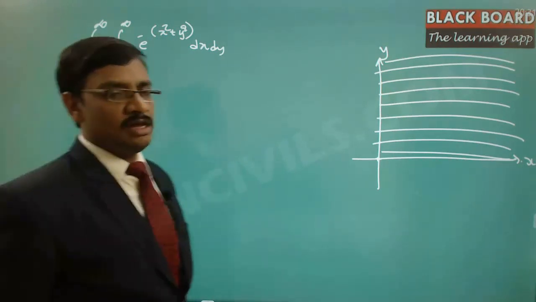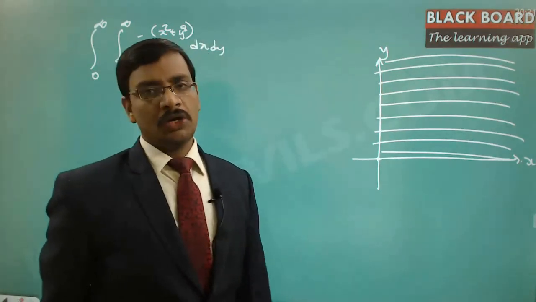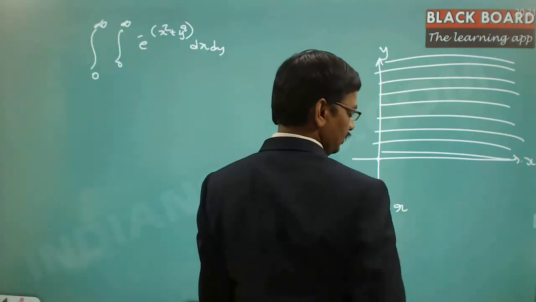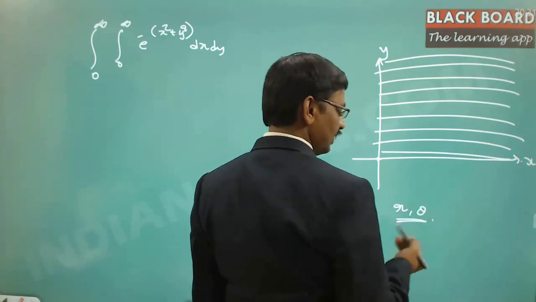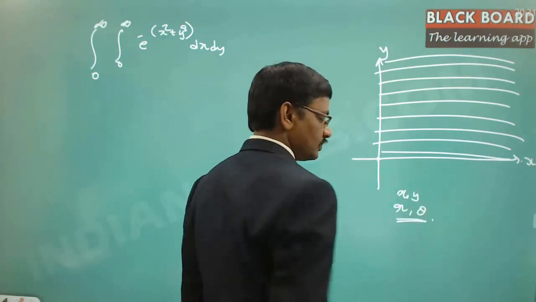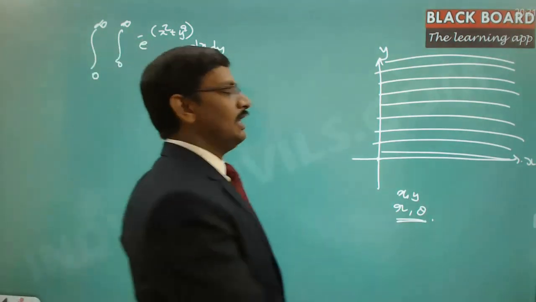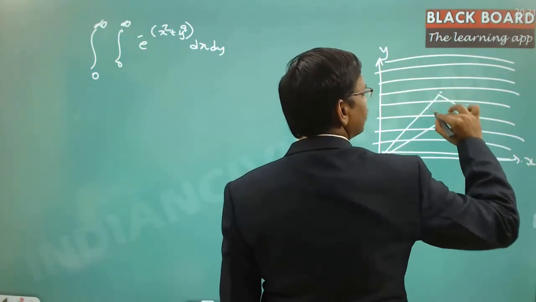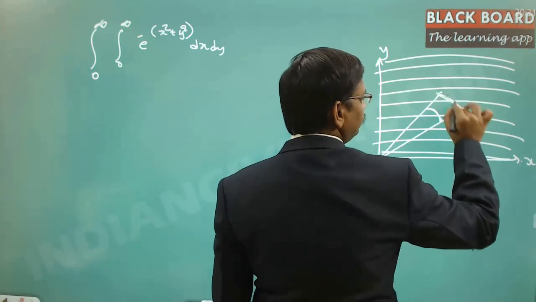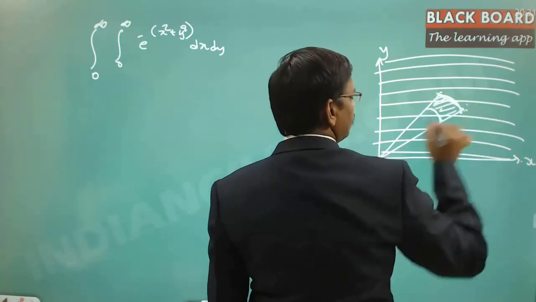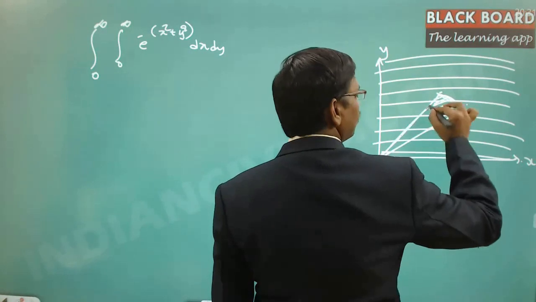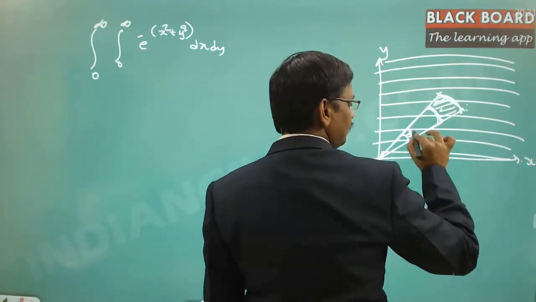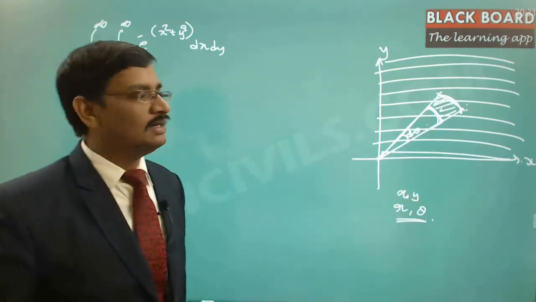Now I will convert this integral into the polar coordinate system. In the polar coordinate system, you use r and theta as the variables rather than x and y. The elemental area in the polar coordinate system can be identified in this manner. This is one radial distance, this is another radial distance, and this is the angle d theta.